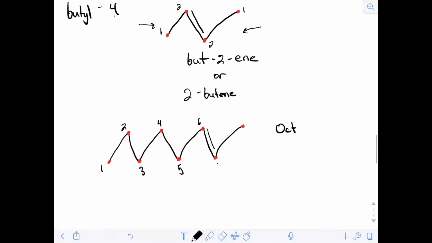So starting from the right side going over, we can see that our double bond is on the second carbon. So that'll give us oct-2-ene. Pretty easy.